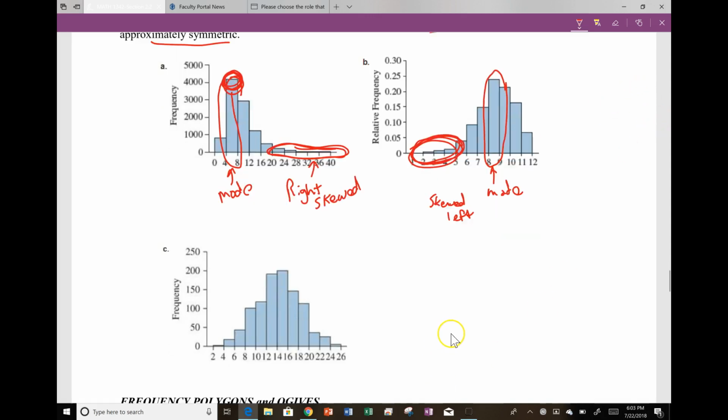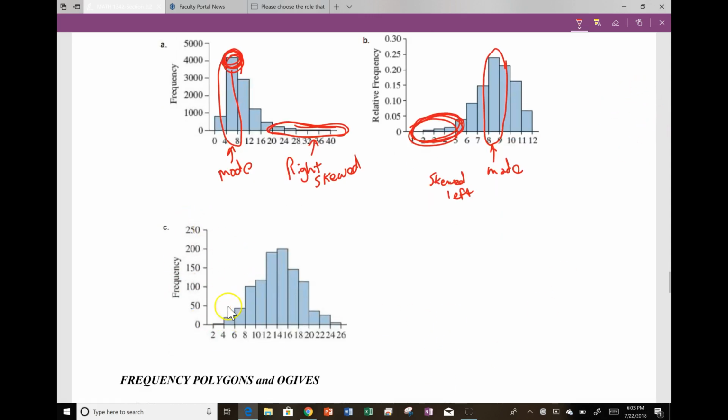Now looking at this last histogram, you'll notice that I have these two peaks here, and then it starts tapering off to the other sides. Notice these two are my middle two. So since my taller ones are in the middle, this is going to be approximately symmetric.